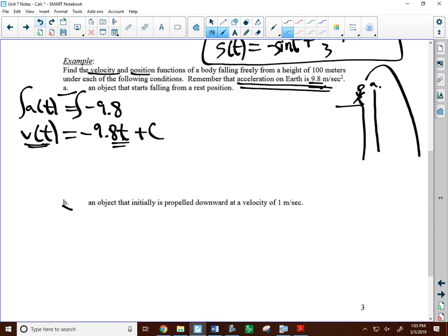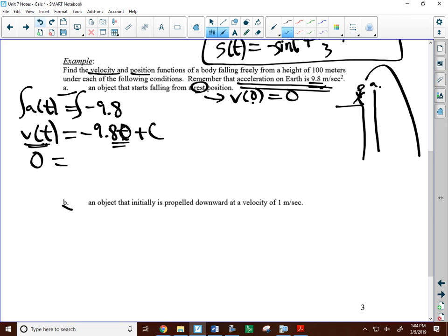How about this? It starts falling from a rest position. 0 for both. Really, what we know is at a time of 0, v of 0, the velocity is 0. Right, starting from rest. So right as we start to release it, time of 0, it wasn't moving. So the velocity is 0. Even though they didn't write it, we can get this from the question.